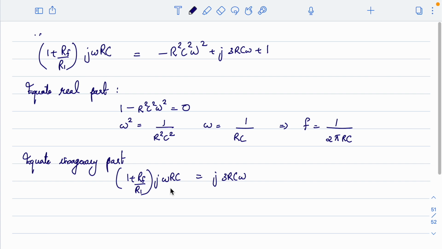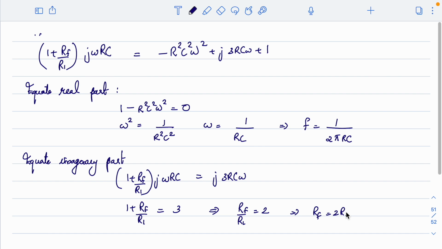So everything will be cancelled. What is left is 1 plus RF by R1 equal to 3, which implies that RF by R1 should be equal to 2, or we can write RF is equal to 2 R1. This is the condition we need to meet in order to have the proper gain in the circuit.